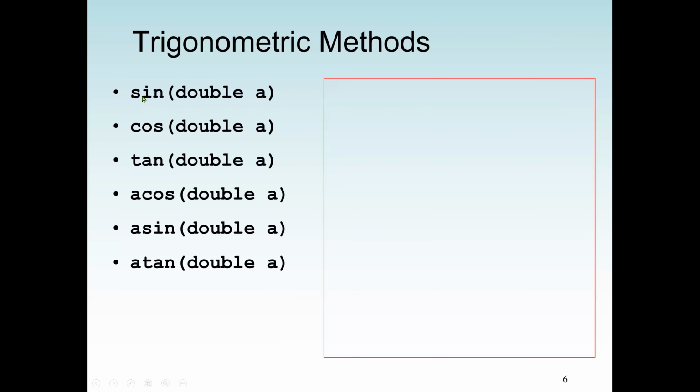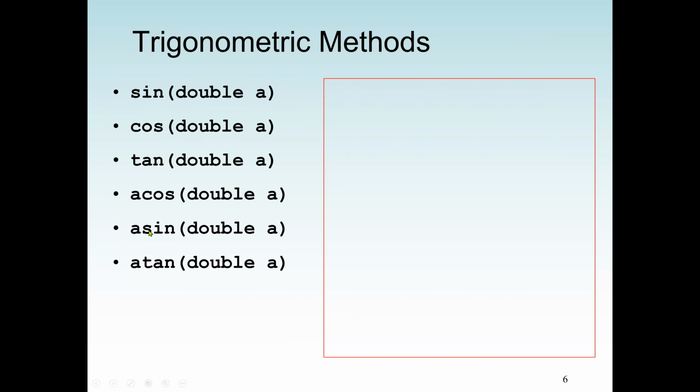For example, here we have the sine. The sine will take only one value. The argument data type is double and a. A can be any value, but the value has to be in radians. If the value is in degrees, we can use the toRadians method to convert it. Again, we're going to see an example. So we have cosine, tan, arc cosine, arc sine.